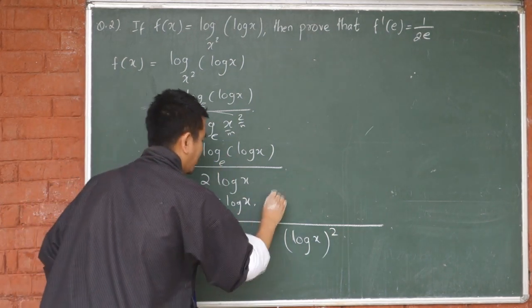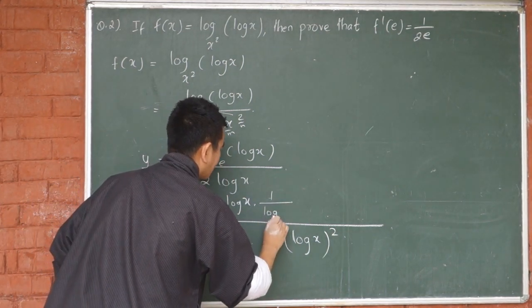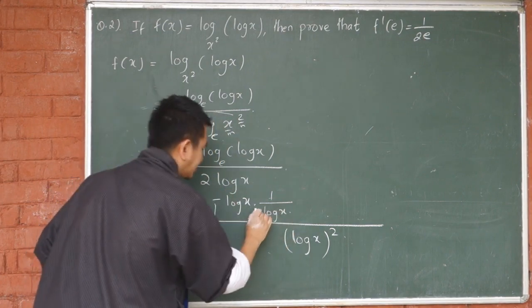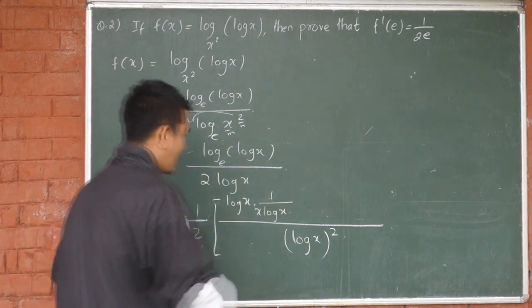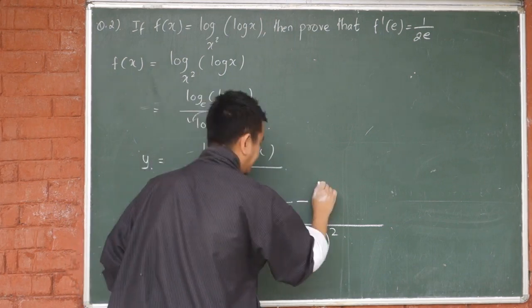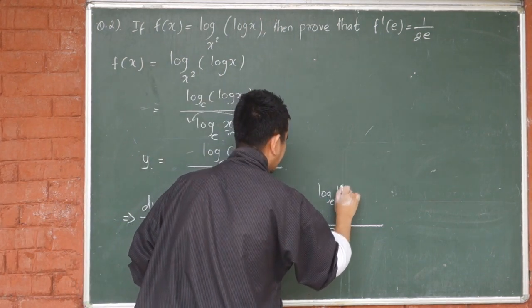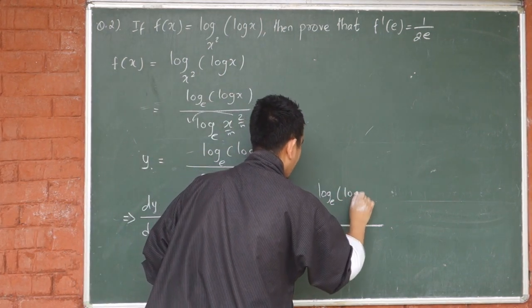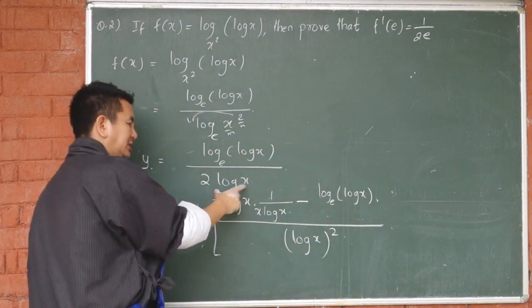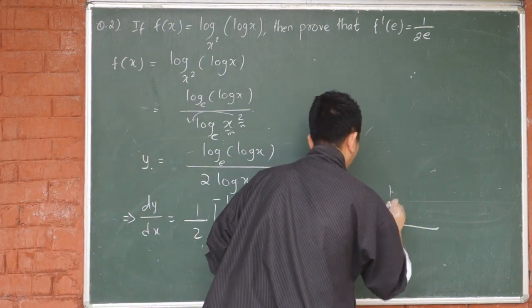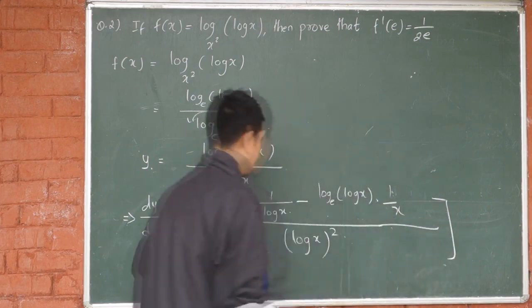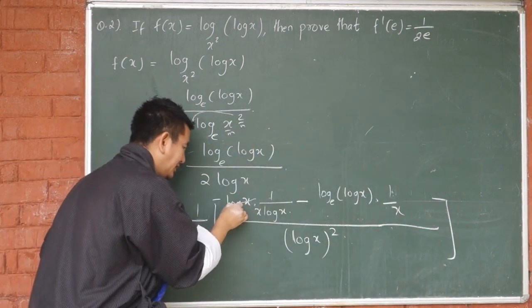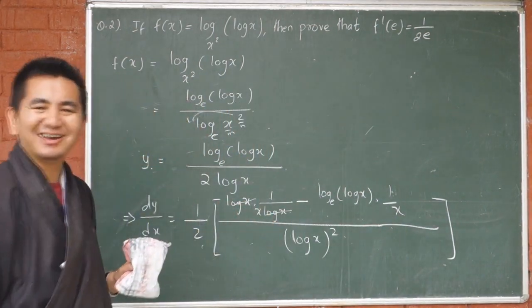Log of log x is 1 by log x. Again differentiate log x, this becomes 1 by x. Minus, keep this one as it is, log e of log x. Now differentiate this log x, we have 1 by x. Simple as that. This log x and this log x will get cancelled.